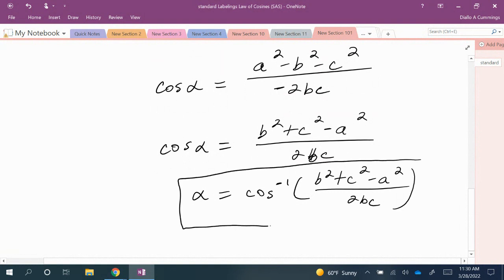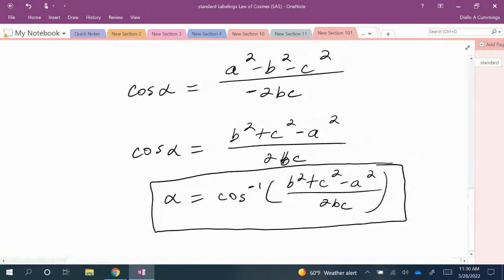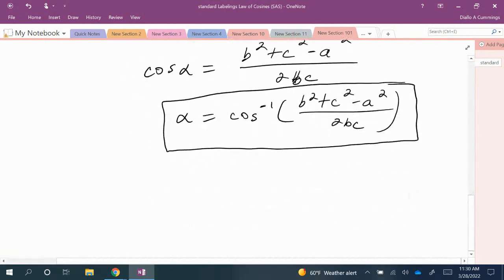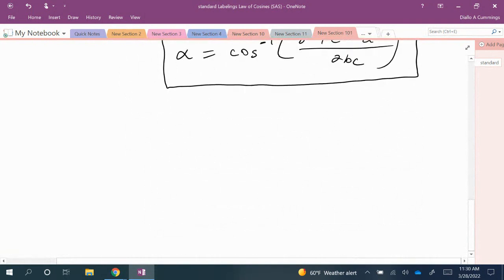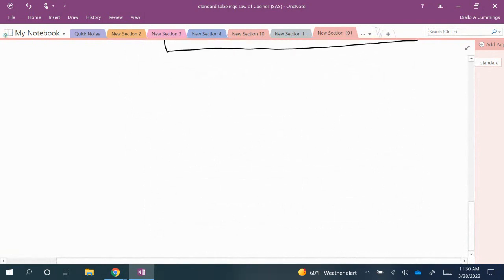And this is our second formula. Now I'm going to write all of the formulas out, so I'm going to go down a little bit. Here are all of the formulas in their glory.